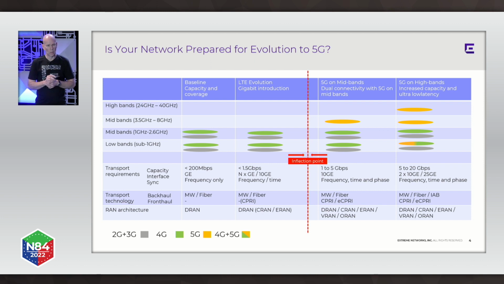I think the technologies became pretty clear in the previous presentation, but the transport requirements from a capacity, interface, and sync point of view. So looking at capacity, the previous generations had a few hundred megs capacity need. Now with 5G, you go into 20 gig or so capacity need.